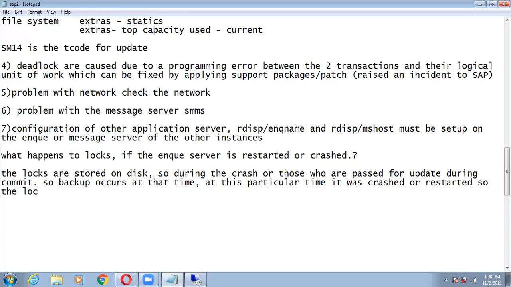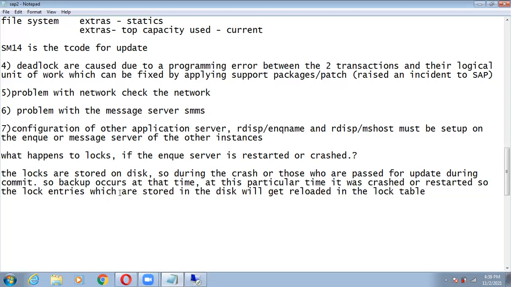So the log entries which are stored in the disk will get reloaded in the log table. So nothing will happen to the logs.